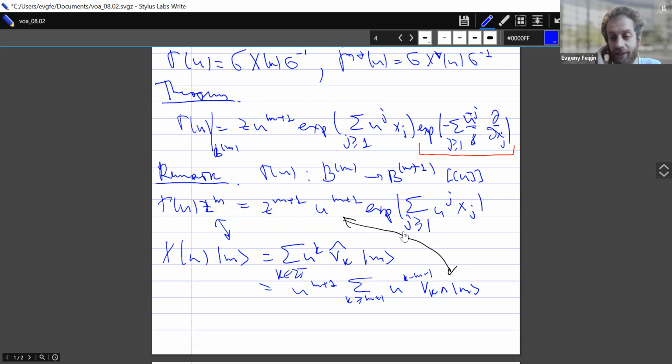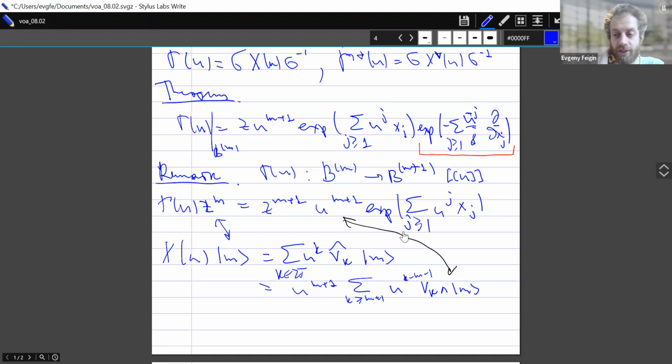So the right exponent applied to any vector produces a finite number of terms. And this is not a series in u inverse, but a polynomial in u inverse. And then you are free to multiply it with a series in u. Okay, so I'm going to move further.